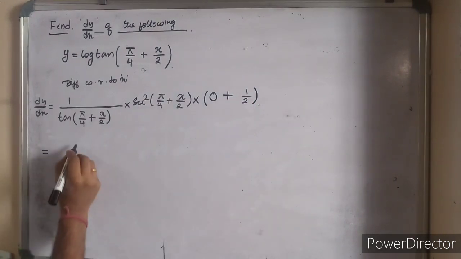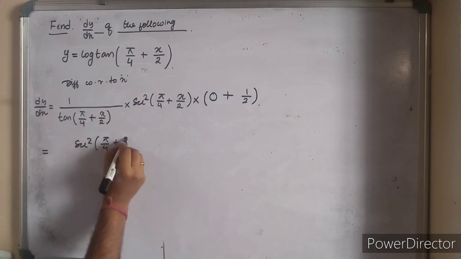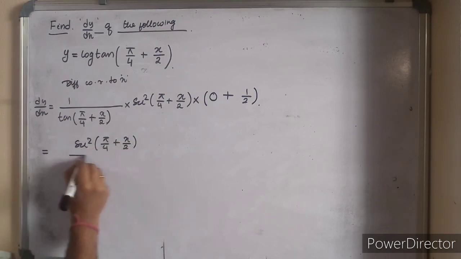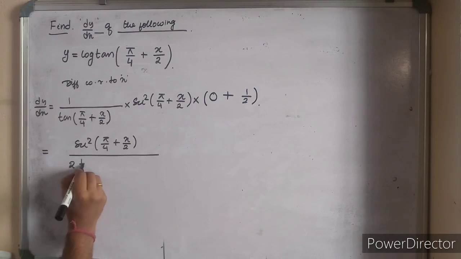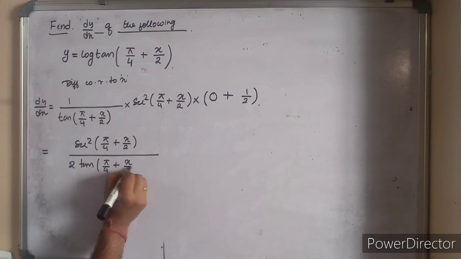Now we get sec square of pi by 4 plus x by 2 over 2 tan of pi by 4 plus x by 2.